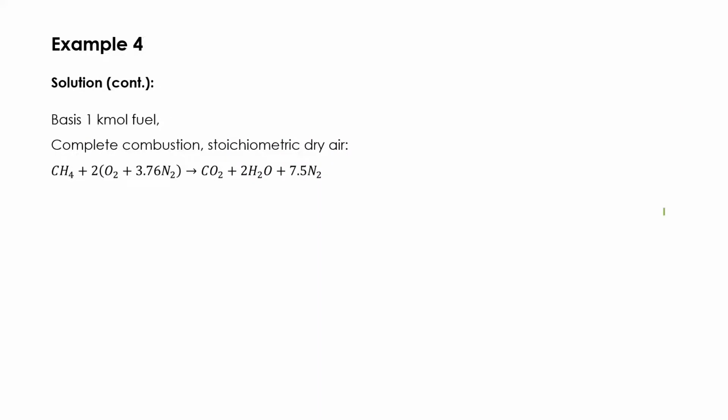Then we take a basis of 1 kilomole of the fuel. To make it easy, we first write the reaction for complete combustion of methane using dry air, stoichiometric, which basically means you follow stoichiometry. Every 1 mole of methane needs 2 mole of oxygen, and together with 2 mole of oxygen, remember that for every mole of oxygen we have 3.76 mole of nitrogen.